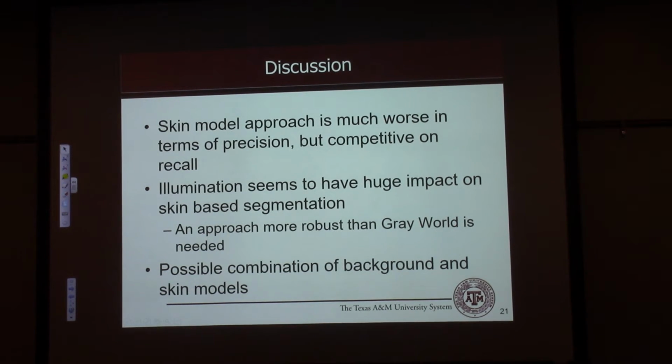So we need something more robust than the Gray-World theory to do this illumination compensation in order for our skin segmentation alone to work properly. And taking a look at the results, maybe a combination of the original background-foreground separation and the skin models could improve the performance.